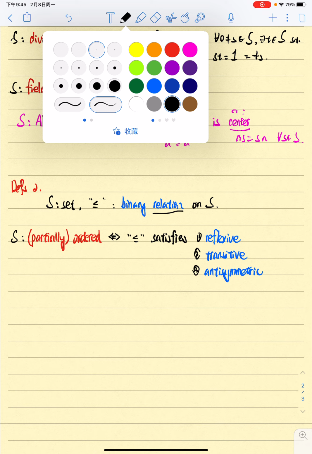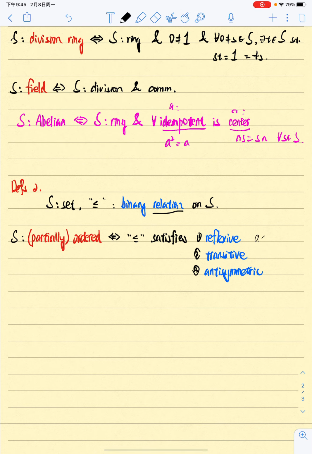Reflexive means every element is smaller than or equal to itself. Transitive means if A is smaller than B and B is smaller than C, then A is smaller than C. Anti-symmetric means if A is smaller than B and B is smaller than A, then A is equal to B.